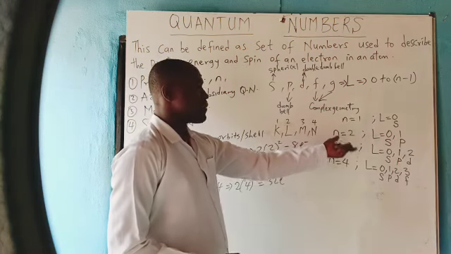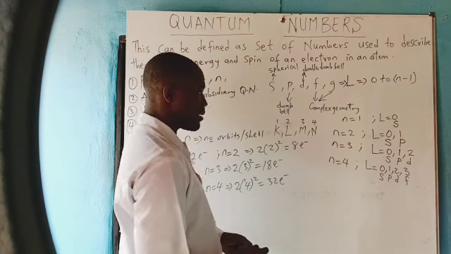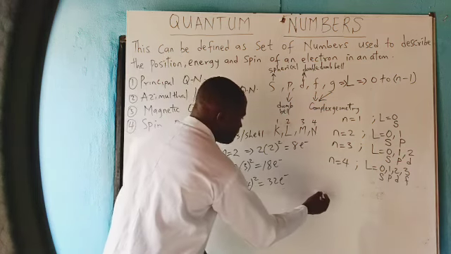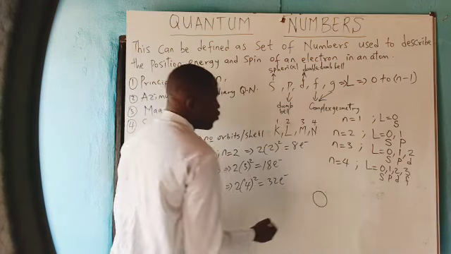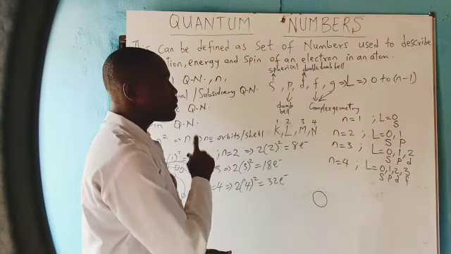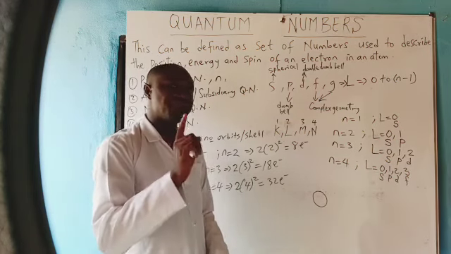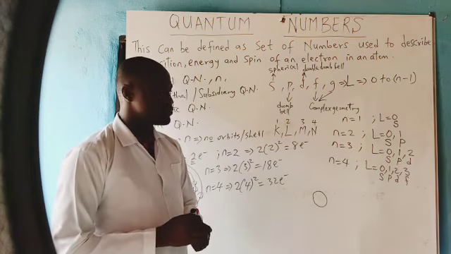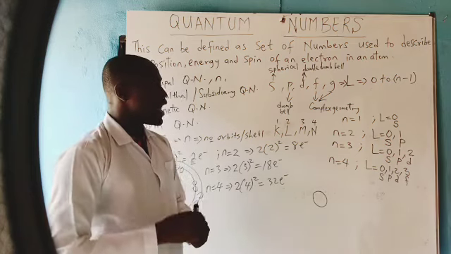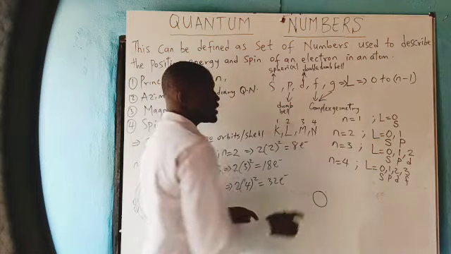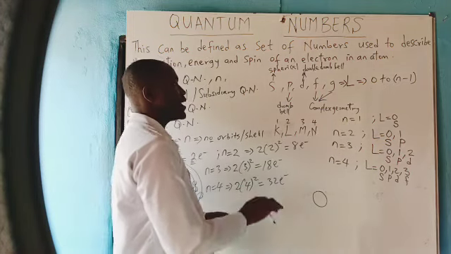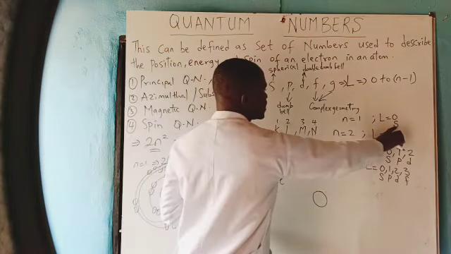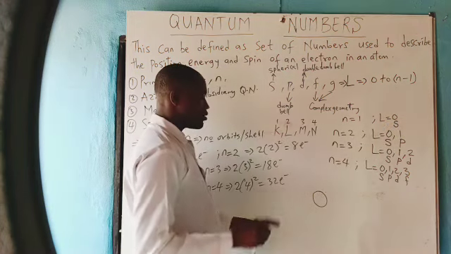Let's see how we can appreciate these things we are talking about. In the first shell, according to the principal quantum number, the first shell will have a maximum of 2 electrons. Now, according to the azimuthal or subsidiary quantum number, the first shell will have the s orbital.